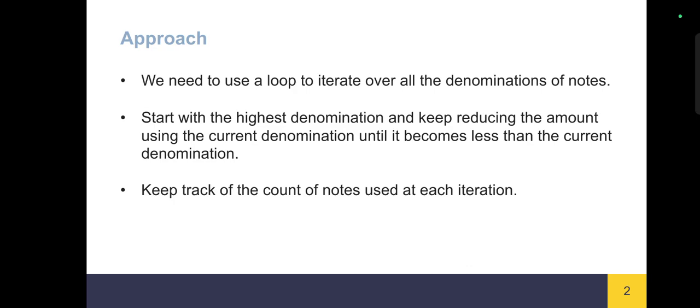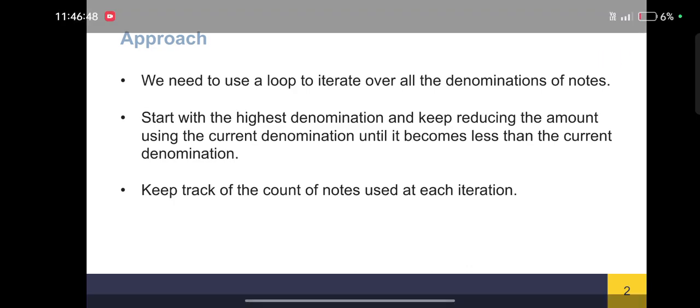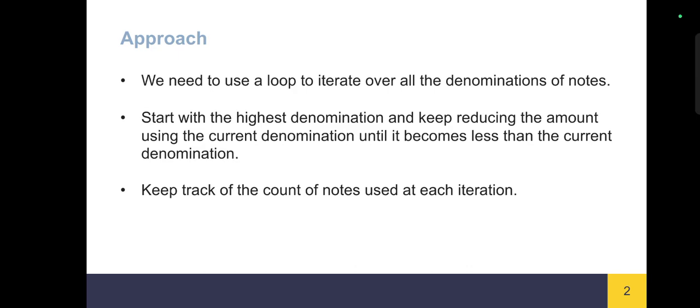Keep track of the count of notes used at each iteration. We use the iteration of the loop, starting with the highest and reducing the amount from top to bottom.